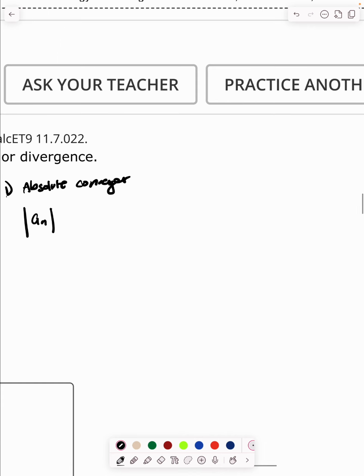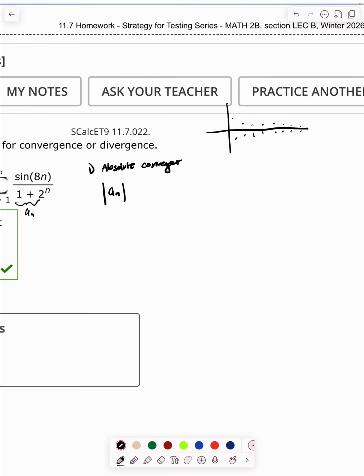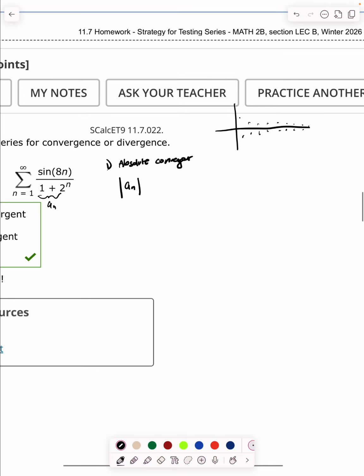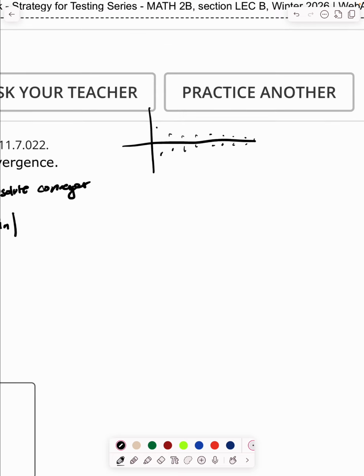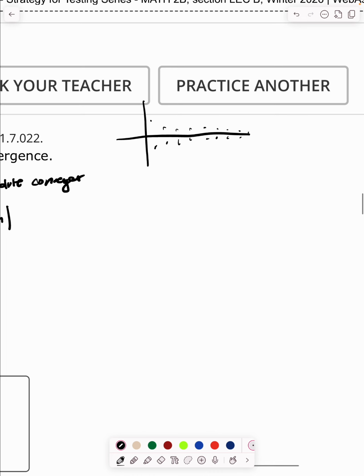Because the idea of absolute convergence is, well, if I have an alternating sequence like this, if I add up all the terms, and the terms are alternating between positive and negative, and those converge, yes, for sure, my sequence will converge.